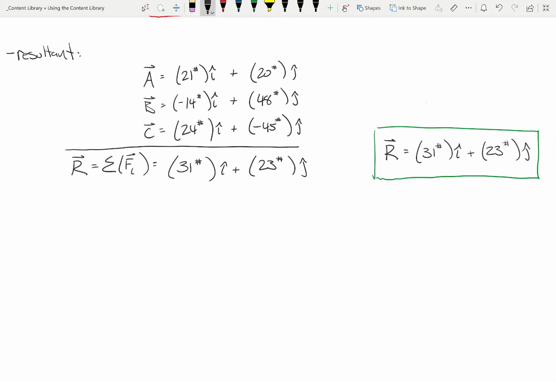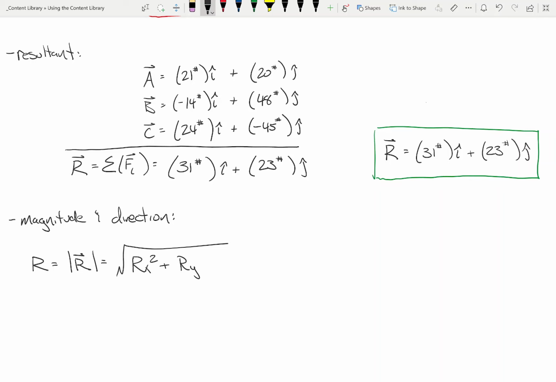How would we find the magnitude in general? There you go. So I propose that just r, which is the magnitude of the vector, is just use the Pythagorean theorem.